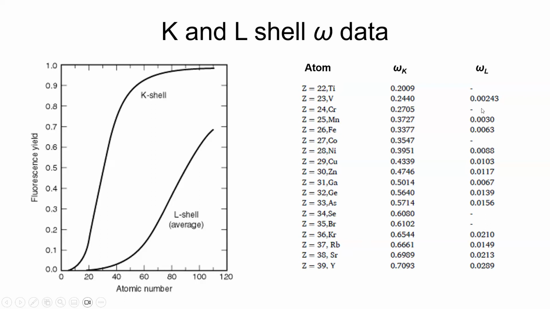With the L shell, what's interesting is there are actually some holes in the data, where there isn't published data available, so they left those spots blank in the table. But you can see the general trend is that I'm increasing the value as I go up in Z. You should also note that for L, because you have 3 subshells, this is actually an averaged value. This is not specific to any of the subshells, but with the K shell, you only have 1 shell.